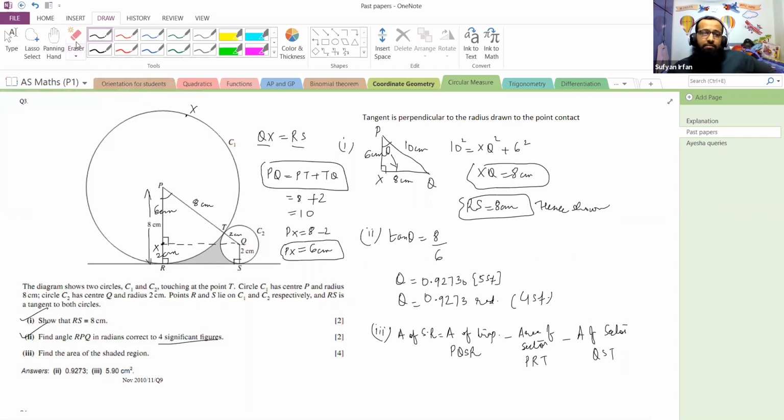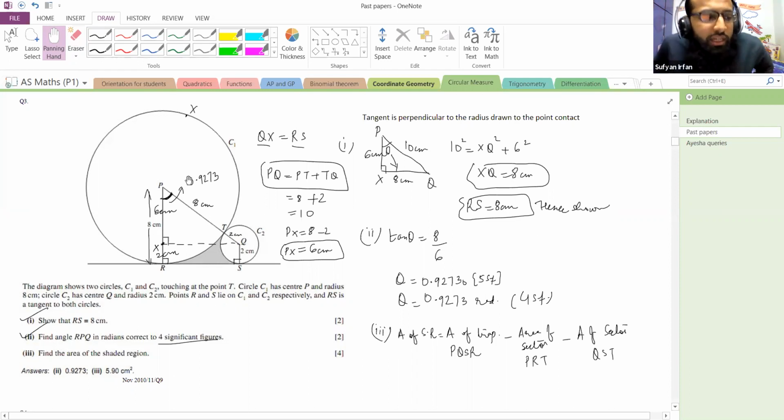But do we have theta? Yes, we have angle P. The angle RPQ that we found in 4 SF in part number 2 was 0.9273. Let's add this to the diagram. It's always better that we keep adding our answers to the diagram so that we know they have already been found.